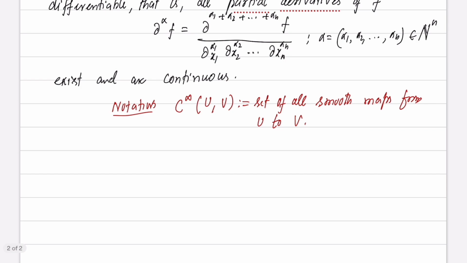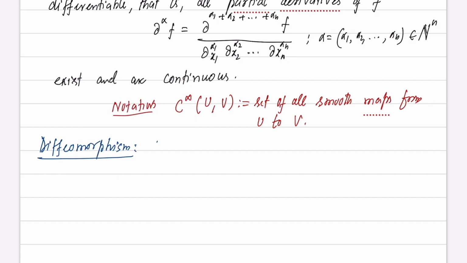Now let's take up one more definition that we must know, that is diffeomorphism. These are some nice terms that we might be using in our lecture, or sometimes questions are asked where they use the term diffeomorphism or likewise.